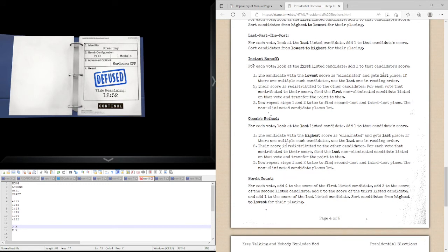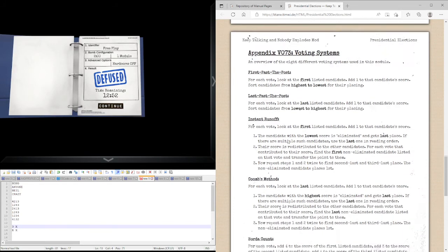And this is the same, but more score redistribution, where the candidate with the high score gets eliminated, and then their score is redistributed amongst other people. And then you do it over and over again to get third to last, second to last, and first.